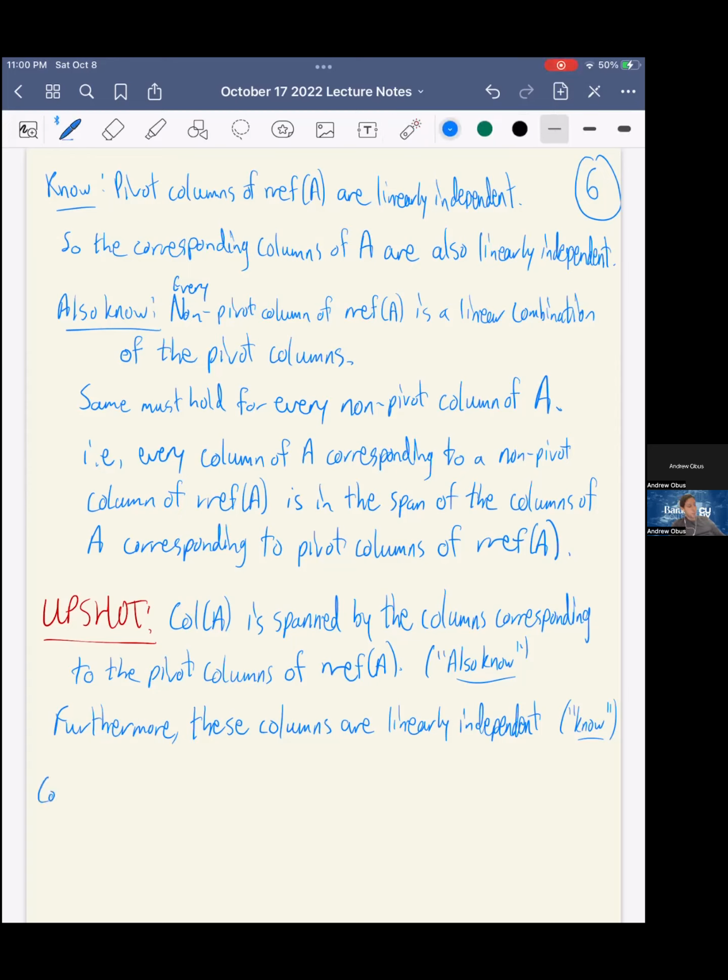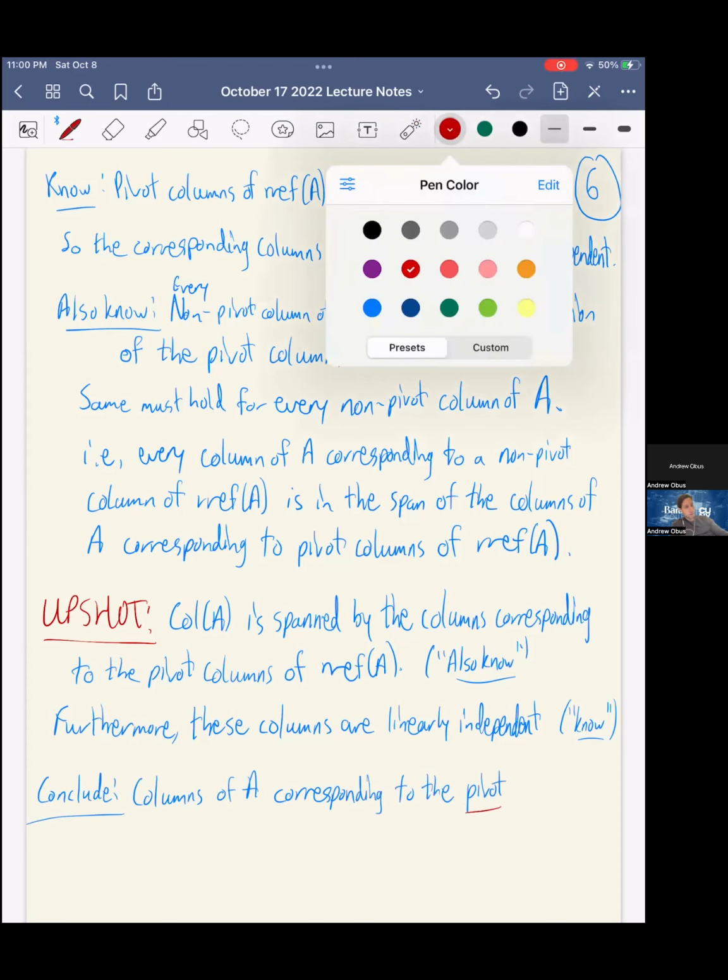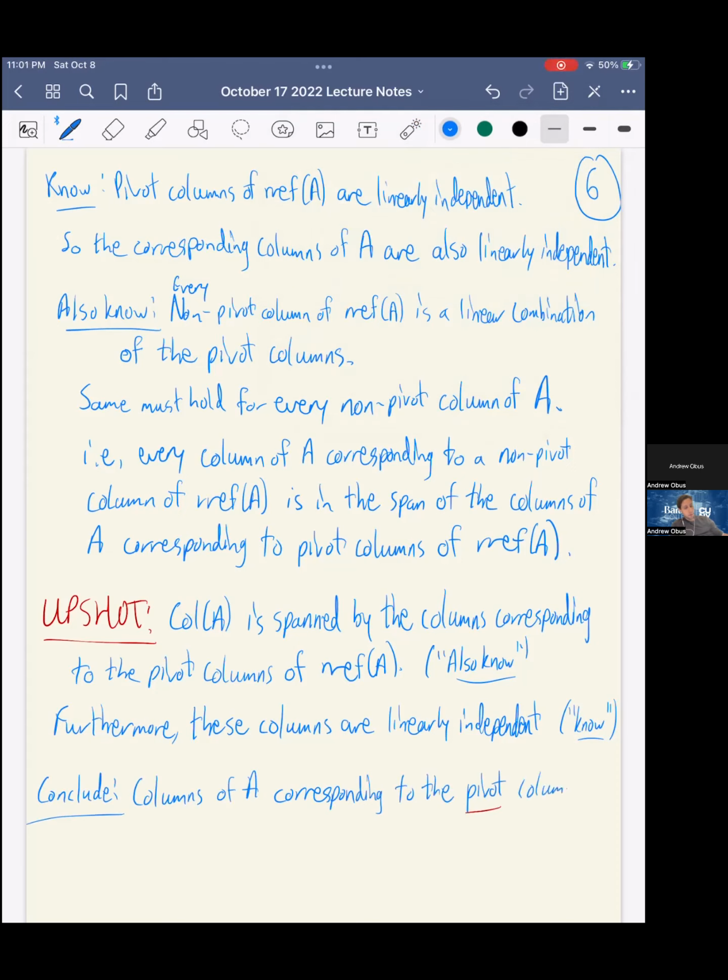So we conclude that the columns of A corresponding to the pivot columns of row-reduced echelon form of A form a basis for the column space of A. Okay, so this is how we write down a basis of the column space of A.